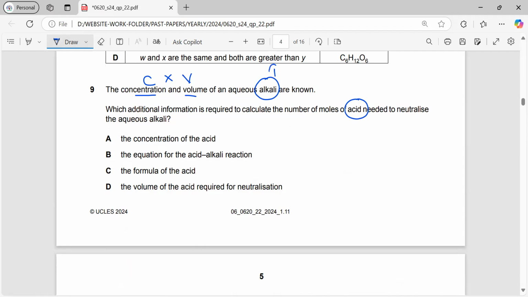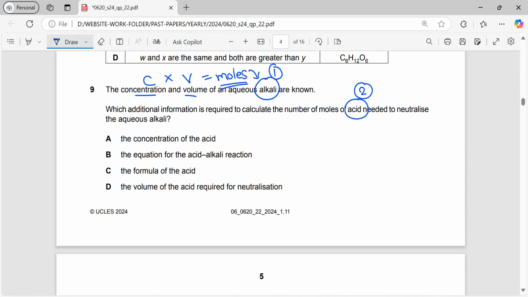So if one substance is given to you and we need to find the other substance, then we have to take the ratio between them. So from the concentration and volume given of alkali, we can find out the number of moles of alkali.